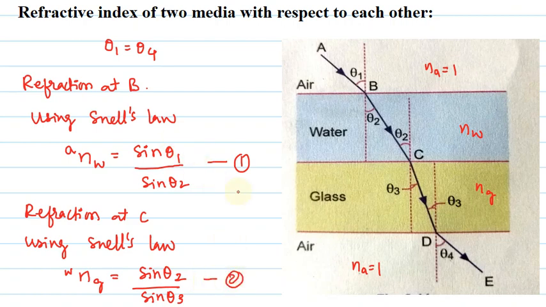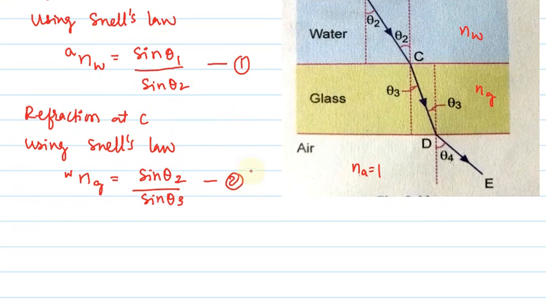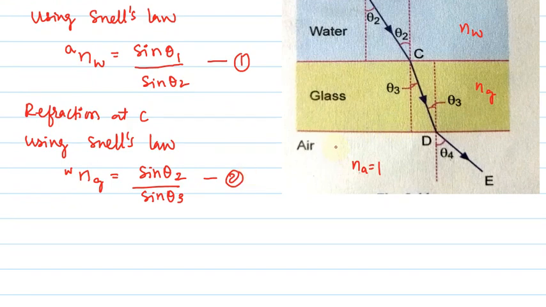Now let us consider refraction at point D for light passing from glass to air. At D, theta 3 is angle of incidence, theta 4 is angle of refraction.